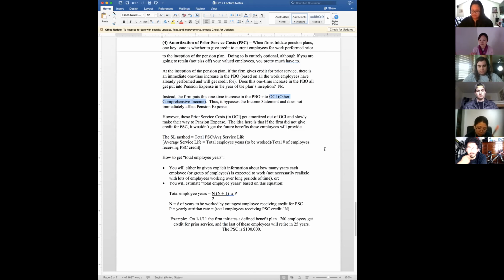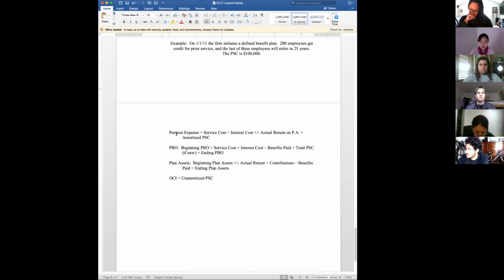So in the first year when we adopt the defined benefit plan, we put it into other comprehensive income in the equity section, and then over time, we amortize this OCI for the prior service cost, and this makes its way to the income statement through the pension expense.